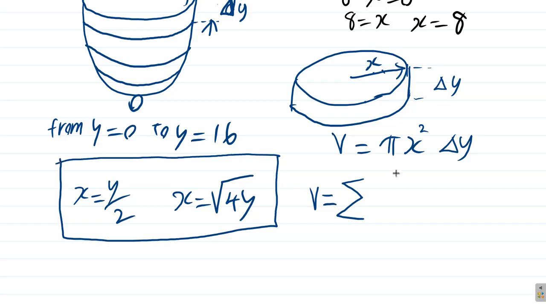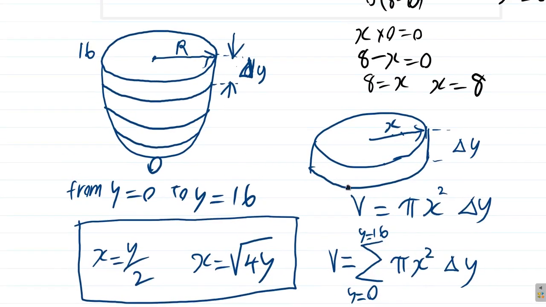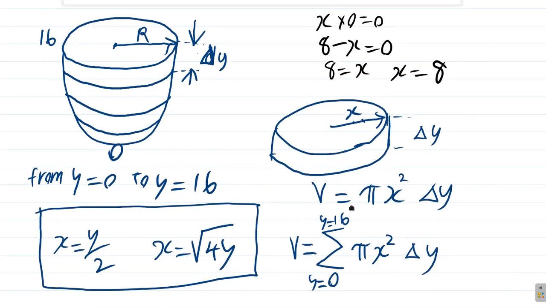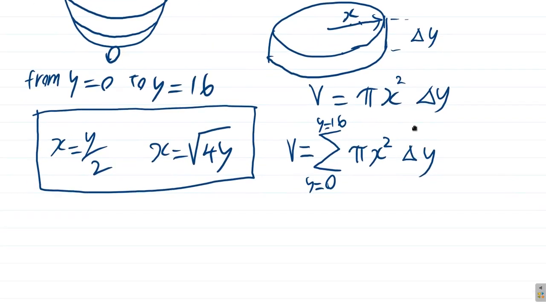I'm going to come back to it later. You're adding up from y equals 0 to y equals 16 the pi x squared delta y. So you're finding the volume of each of these little cylinders and adding them upwards from y equals 0 to y equals 16.